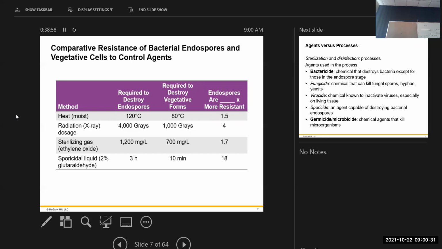And when it comes to sporicidal liquids like glutaraldehyde, endospores are 18 times more resistant. What do these data tell you? They're much harder to kill.